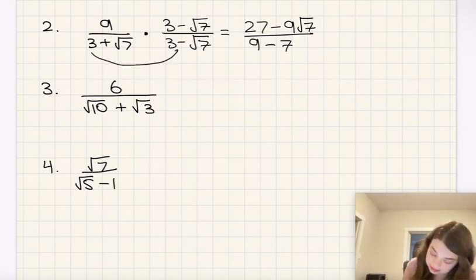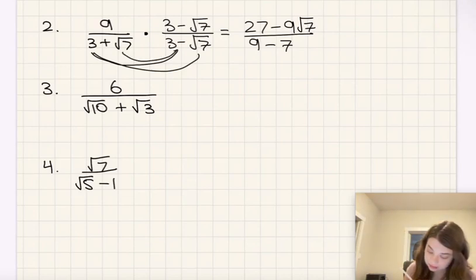Well, 3 times 3 is 9. And then we do outer and inner. So outer would be 3 root 7, inner would be negative 3 root 7, outer would be negative 3 root 7, inner would be positive 3 root 7. And then last would be negative root 7 times root 7, which is just negative 7.